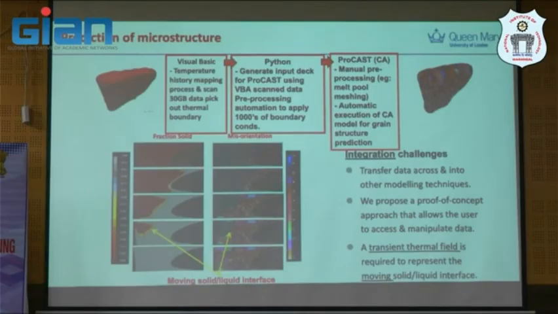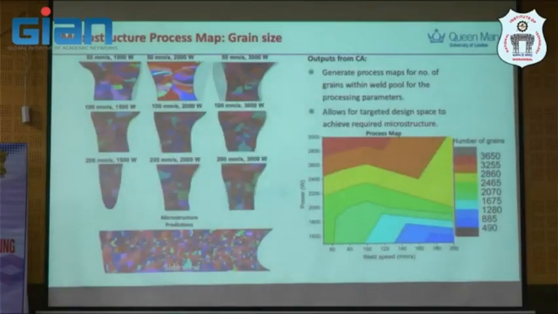Important information that I want to say is that this temperature field is transient temperature, it's not static. So this is required to represent the moving liquid-solid interface. That actually poses another challenge in the solid mechanics calculation later, which I will show you.